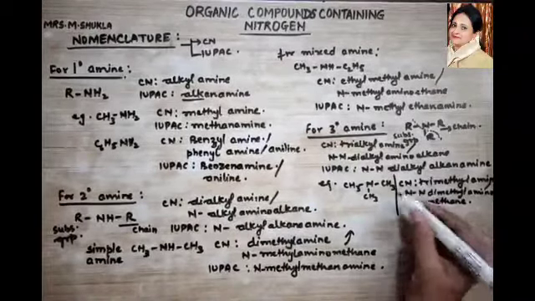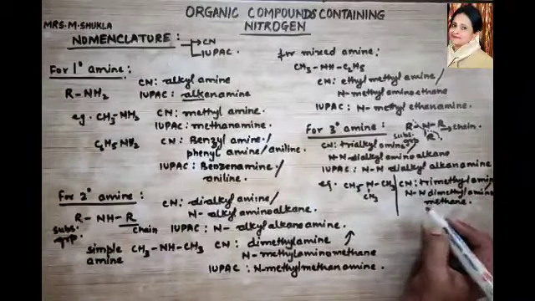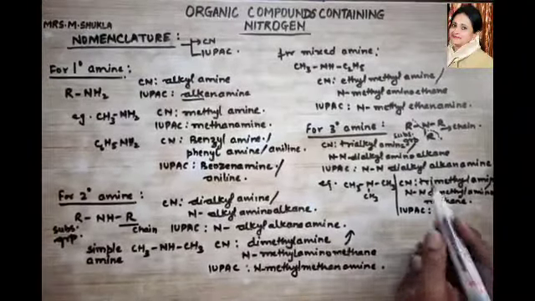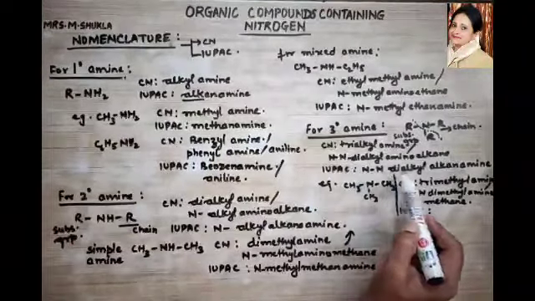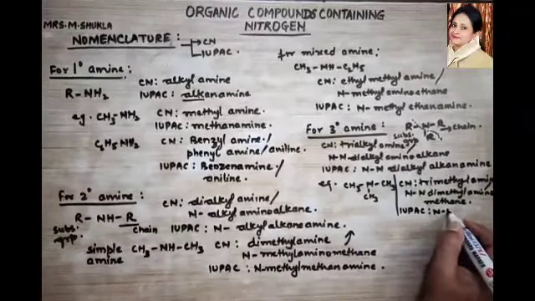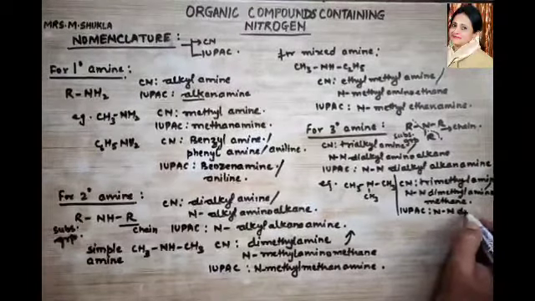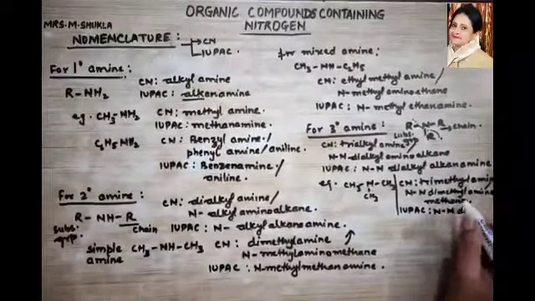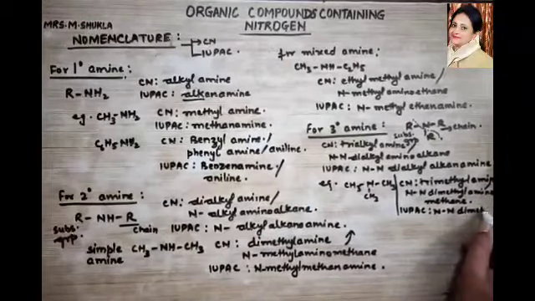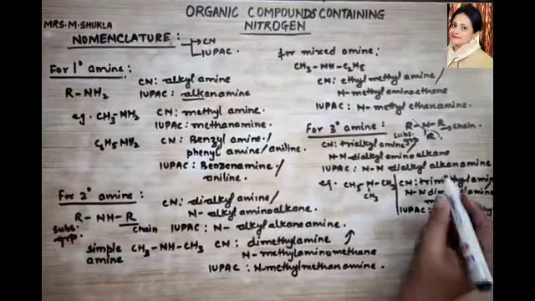Okay, so this could be the common name. What will be the IUPAC name of this? The IUPAC name is N,N-dialkyl alkane amine. So we write N,N-di. What is the alkyl group over here? Dialkyl, dimethyl, right?